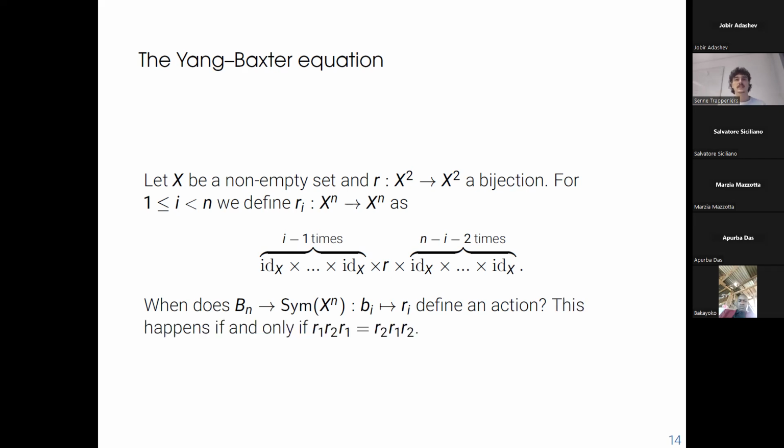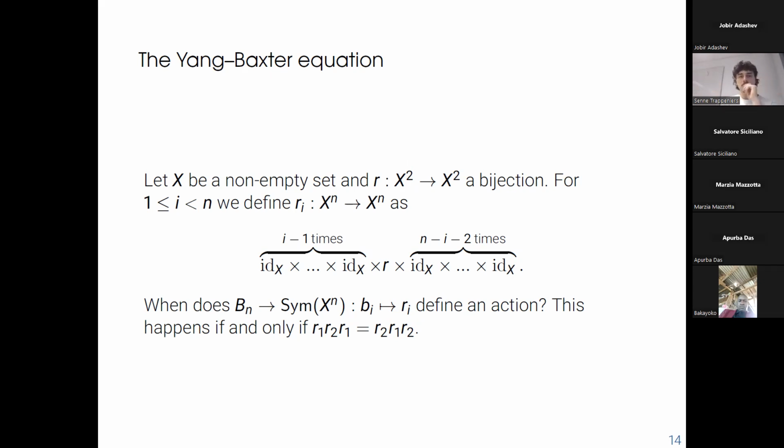And one easily finds that this happens if and only if R1 R2 R1 is the same as R2 R1 R2. So we can just focus on the first three strands. This is sufficient, and if this is satisfied on the first three strands, so we can just look at X to the third, then also all the other translations of it are satisfied.